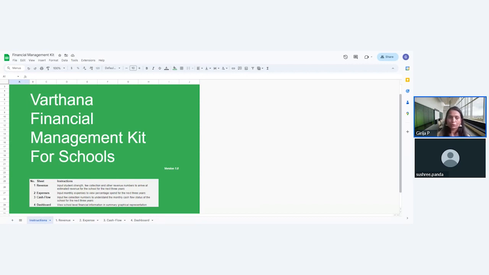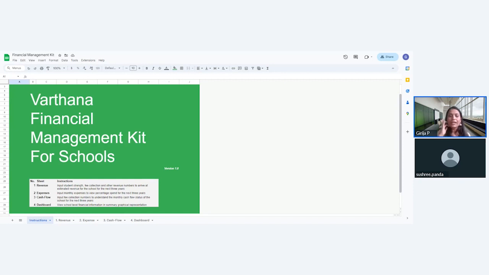Revenue, as I mentioned before, is the income the school gets from different sources and activities. This kit not only helps you understand this year's revenue, you can also predict the revenue for the next 2 or 3 years by using it. Another is the expenses. Expenses are the activities on which you are spending the income you have to keep your school functioning.